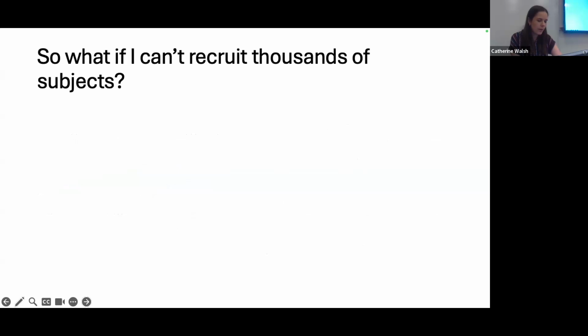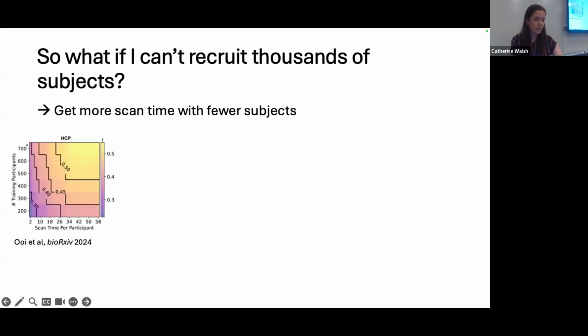So what if I can't recruit thousands of subjects? What can I do? Am I just out of luck? No, there are things you can do to mitigate these issues. So one thing you can do is to consider getting more scan time with fewer subjects. There's been some recent work that has looked at the balance between having more scan time versus more subjects.